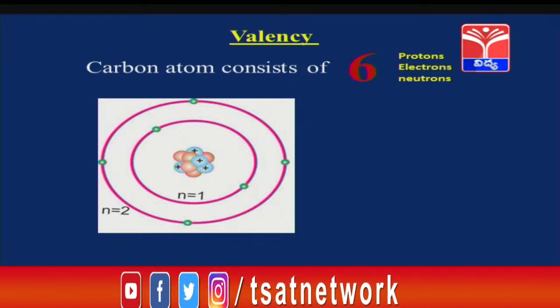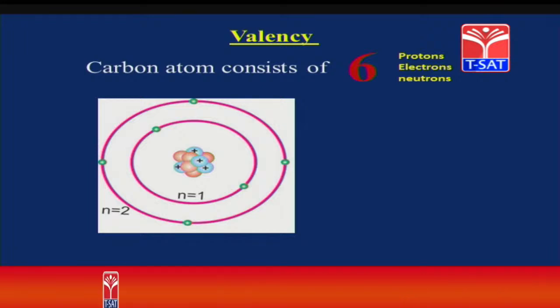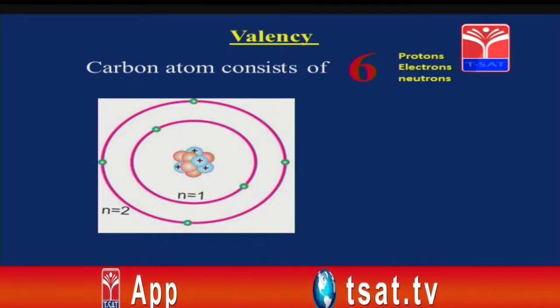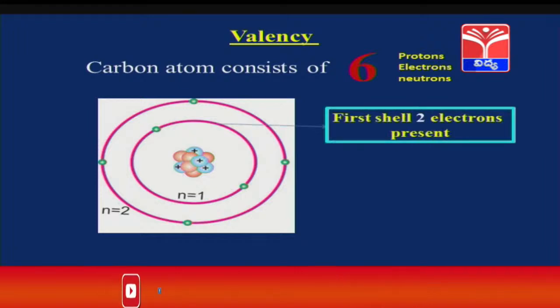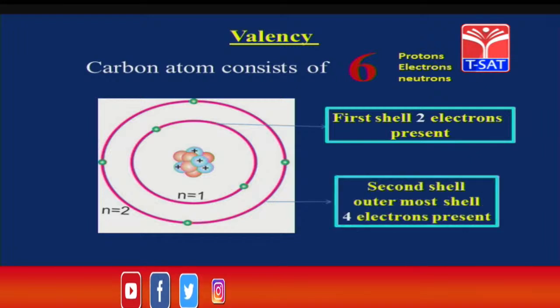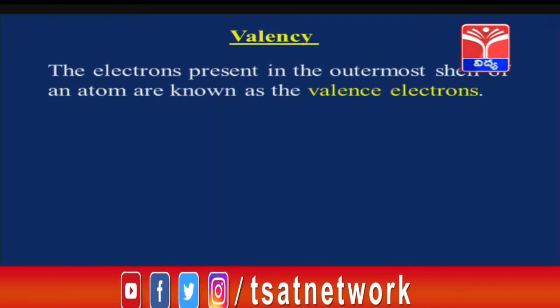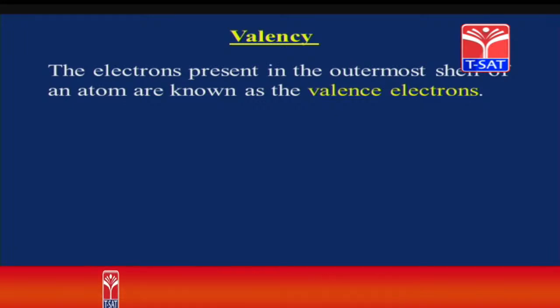In the first shell 2 electrons and in the next shell 4 electrons are accommodated. Here the second shell is the outermost shell of carbon atom. In this outermost shell 4 electrons are present. The electrons present in the outermost shell of an atom are known as the valence electrons.